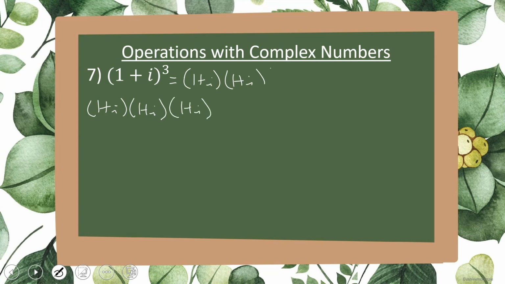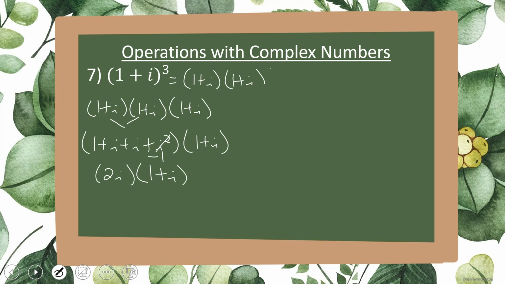Now remember, when you're multiplying binomials, you can only do 2 at a time. So I'm going to do these front two. If I distribute, well, this i squared is actually going to become a -1. Well, then when I combine my real numbers, they cancel. And I just have 2i times 1 plus i.